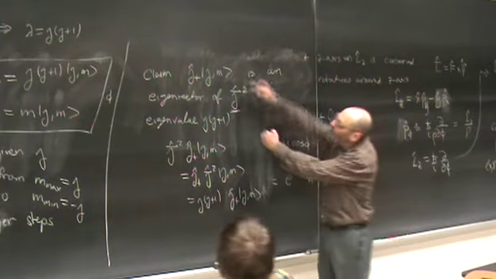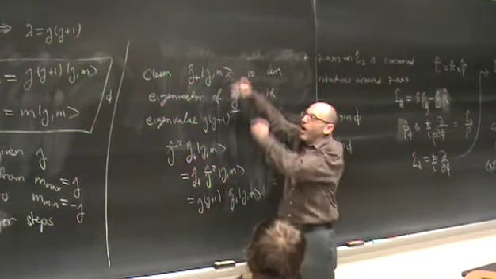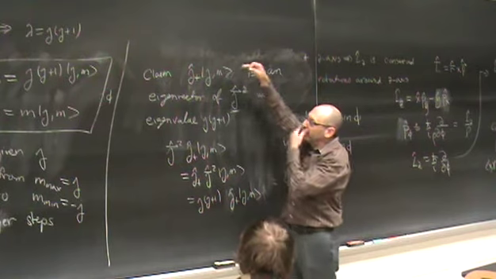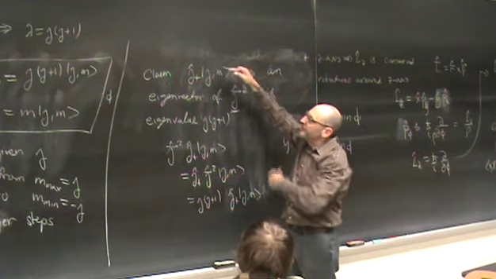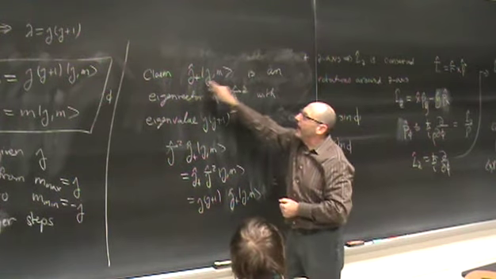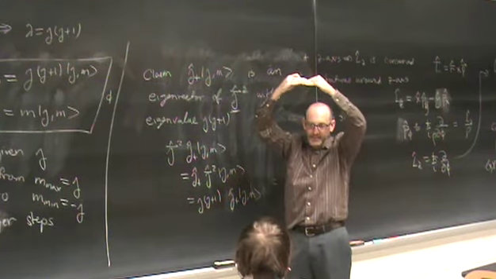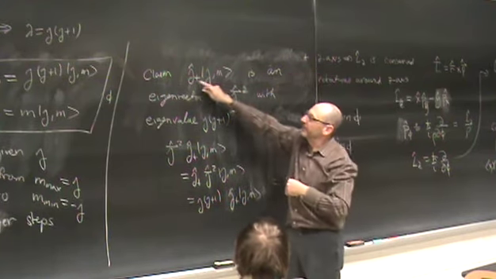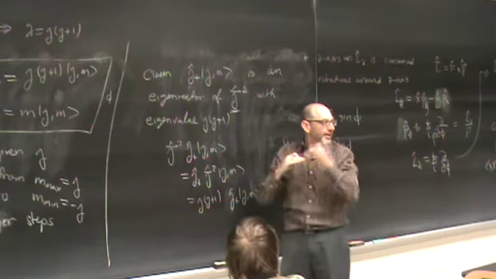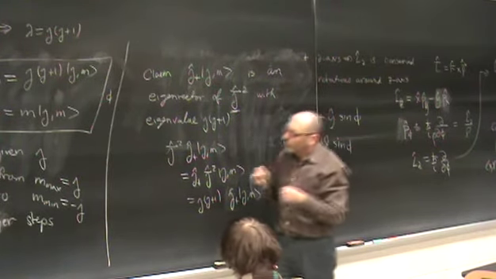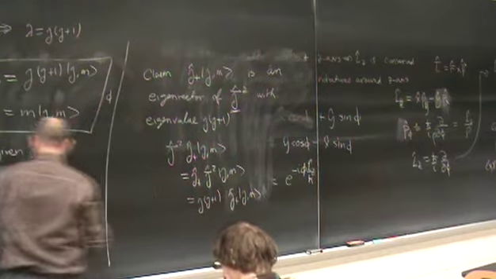So all of the states where I keep applying this are eigenvectors of j squared with different values of m, and this is an eigenvector of jz with one more unit, and with j minus, one less unit. So that tells us from this fact that these are integer steps.